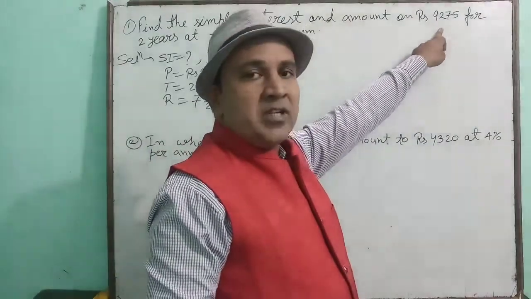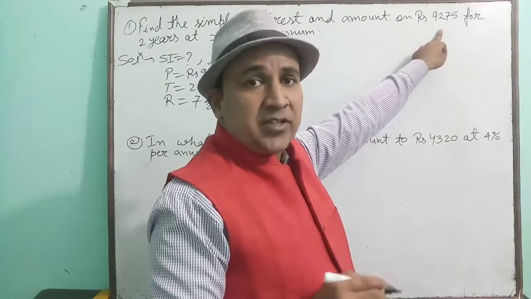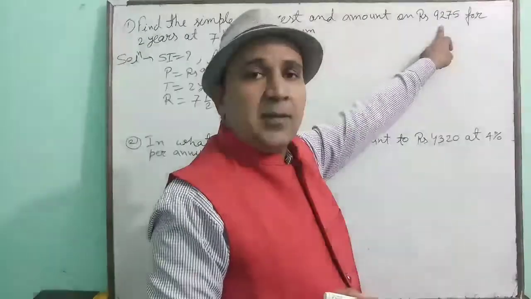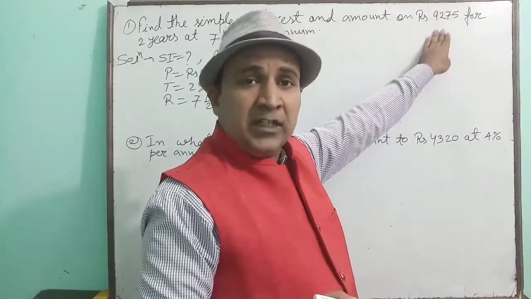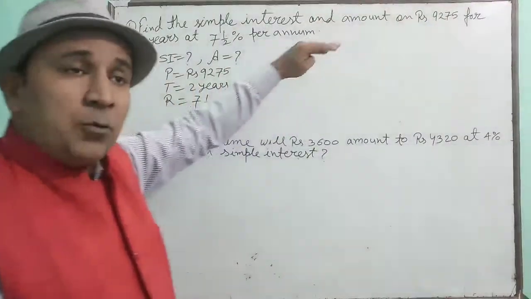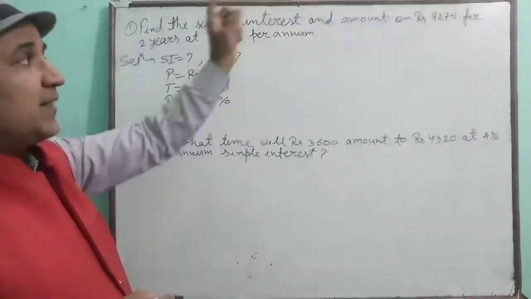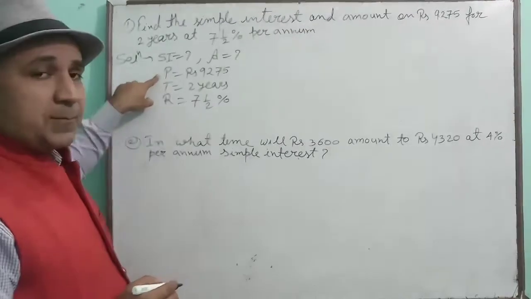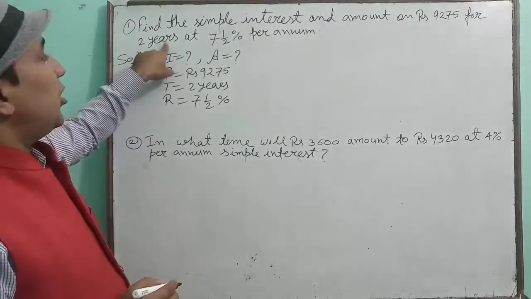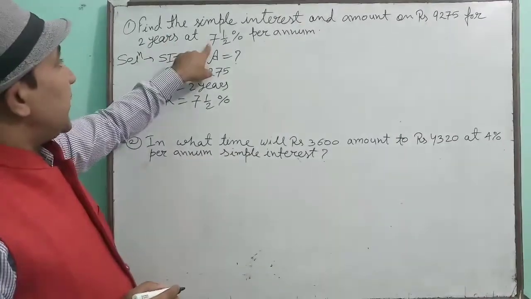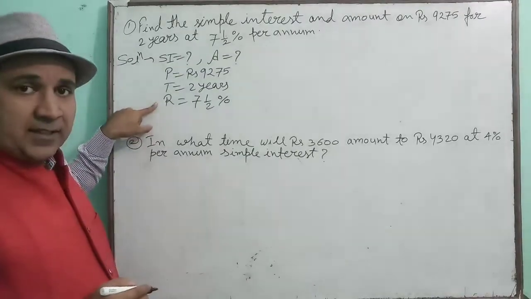The money on which we have to find amount or simple interest, that money is called principal amount. Time should be always in years. Percentage is the rate percent.